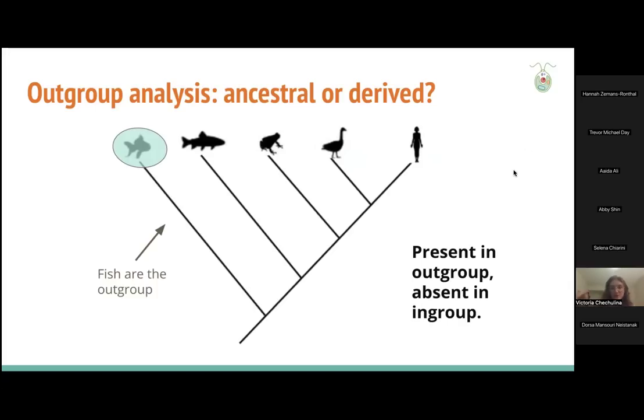I can't point it out, but you kind of understand what I'm pointing to, which is 1 evolutionary change if that trait was ancestral. Or it could be derived. That would also require only 1 evolutionary change. Maybe that ancestor at the bottom of the tree didn't have the trait, but then the fish, which were the outgroup, evolved to have that trait later on, then it would be a derived trait. So because both the ancestral and the derived explanations only require 1 evolutionary change, they are equally likely.